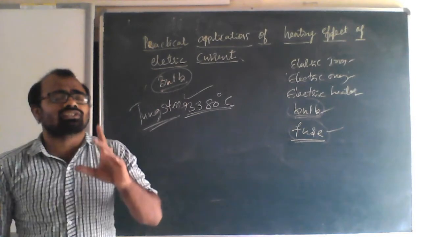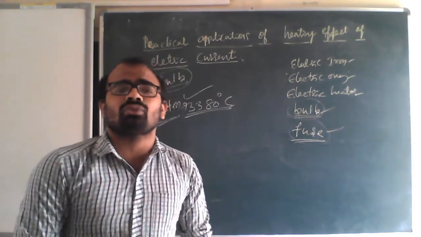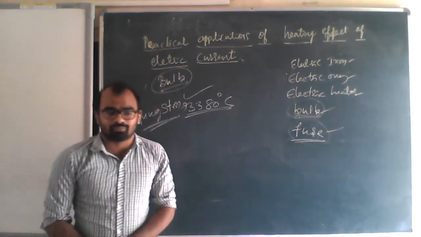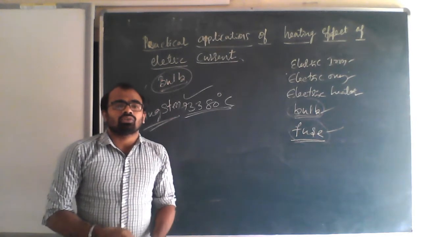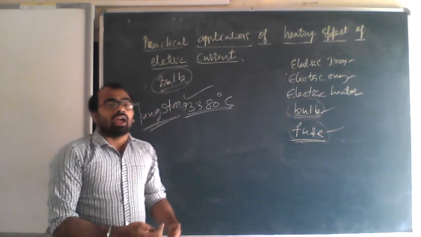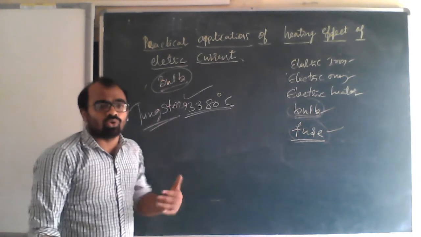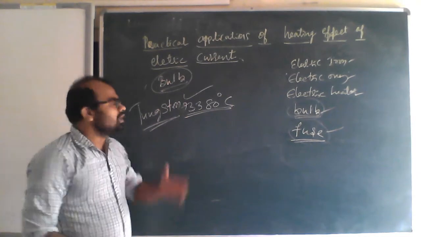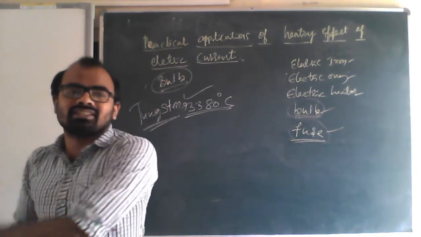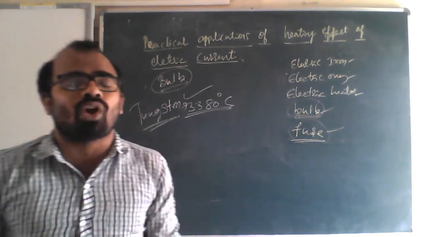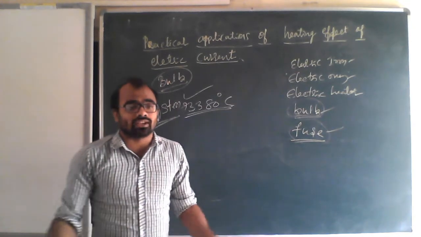Tungsten material is there. This question will be asked: why is tungsten material used in the bulb? Because it has a high melting point. For the application of the heating effect, as the heat is generated, the temperature increases and light is emitted. But for the light to glow, the temperature must be high. If other materials with low melting points are used, they will melt and there will be no light at all.